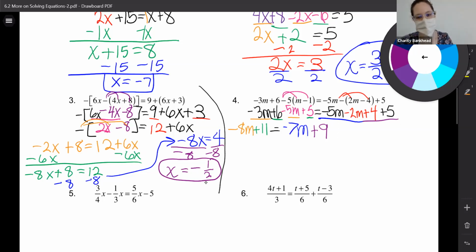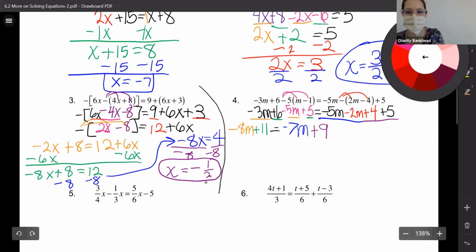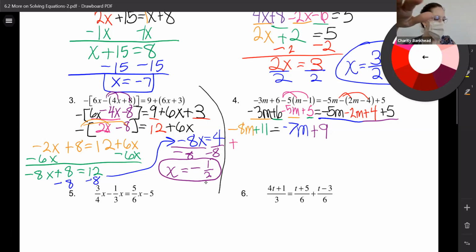So now both sides of the equation are simplified, and I just need to get all of the m's on one side of the equation. So I'll do that by, I'm going to go ahead and add 8m to both sides this time.